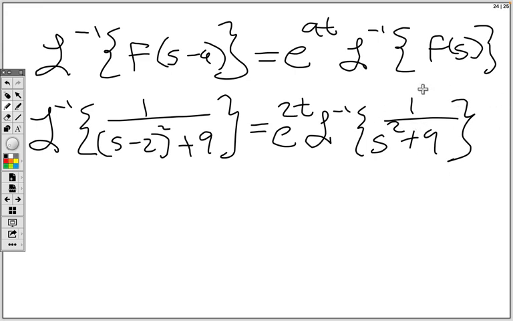And then I look at this, and it's a sum of squares. There's no s on the top. So the sum of squares tells me it's a sine or cosine. Frequency, square root 9, which is 3. Since there's no s in the numerator, that means it's going to come back as a sine.